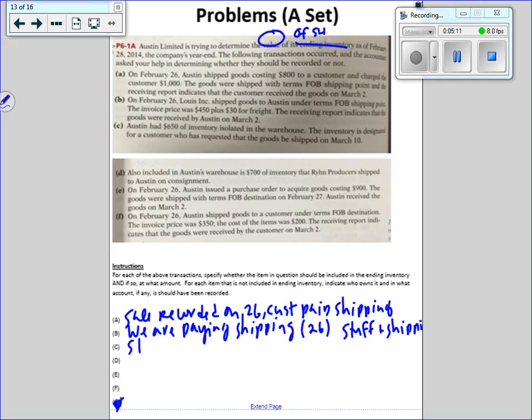The inventory is still here. We're going to own it, so our inventory will be there until it's both paid for and gone. Sorry, my writing is so hard to read. It's really a little space down there.